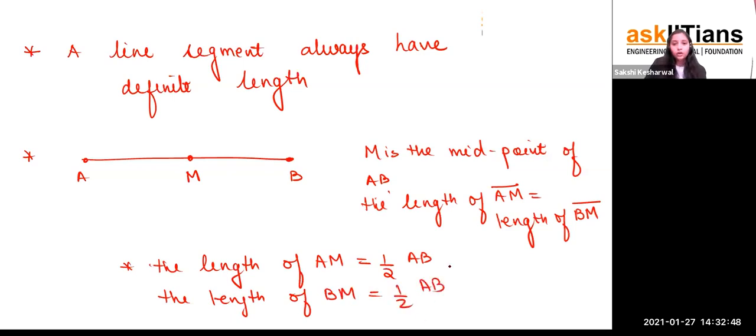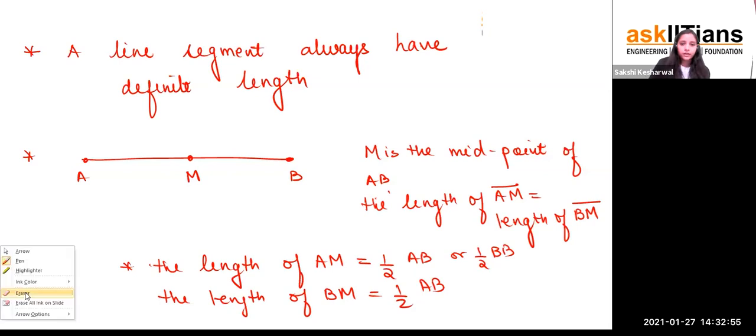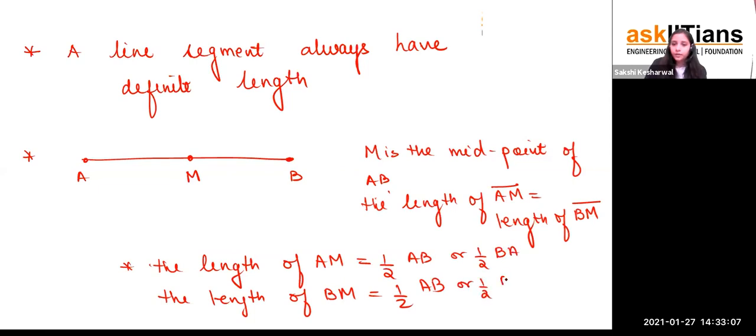Yes or no? Or you can write half of BA. You can write either of it, BA or AB, whatever you feel like. So it doesn't matter. Nobody said that you have to go in this specific direction. So this can be BA, or it can be half of BA. That's it. Yes or no?